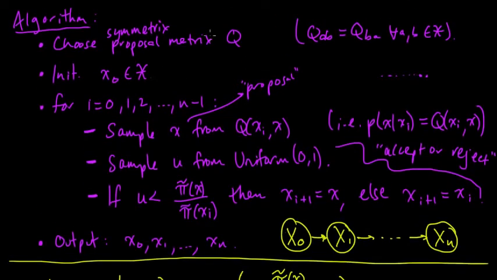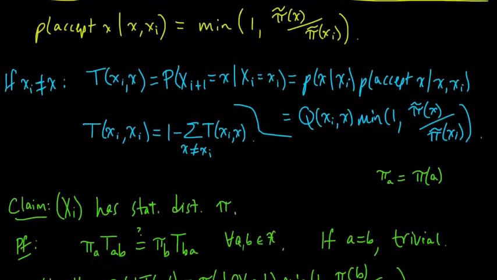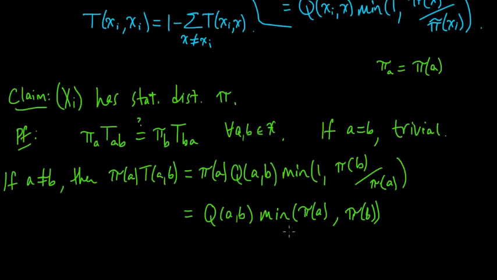We choose a symmetric matrix Q, and QAB equals QBA. So therefore this is true. So detailed balance is satisfied, and therefore Xi does indeed have the stationary distribution pi. Proof.